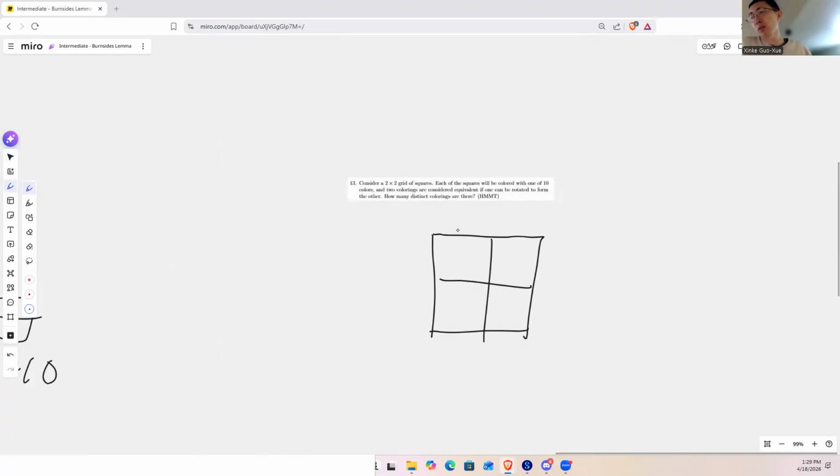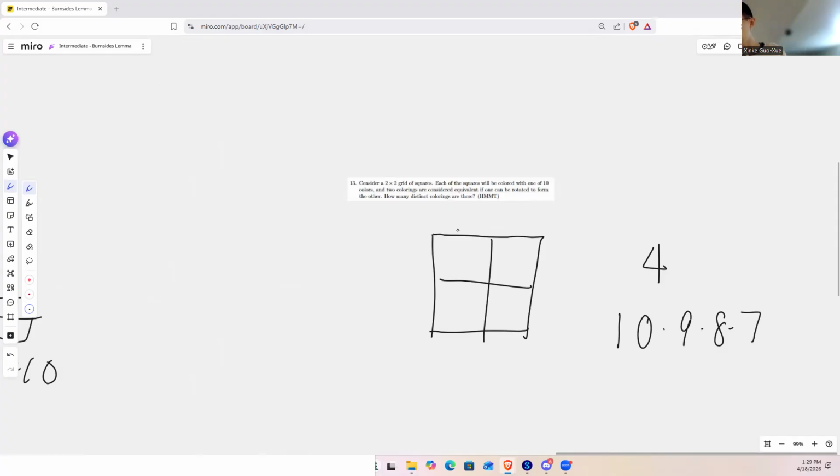So, okay, let's try this with casework, right? So what do we have? 4 distinct colors, right? Well, then there's 10 times 9 times 8 times 7. But we have to divide by 4, I think, right?